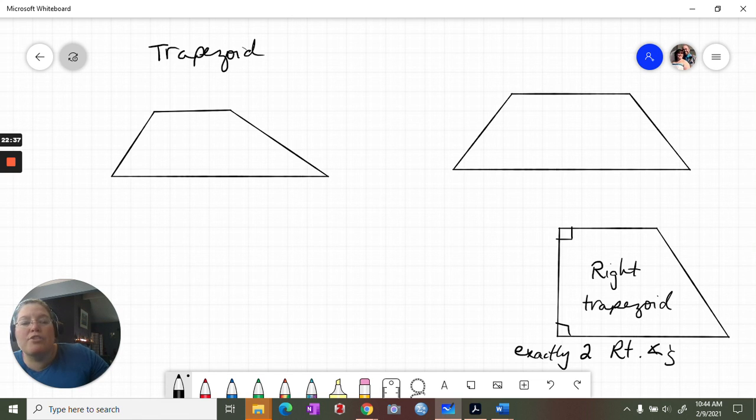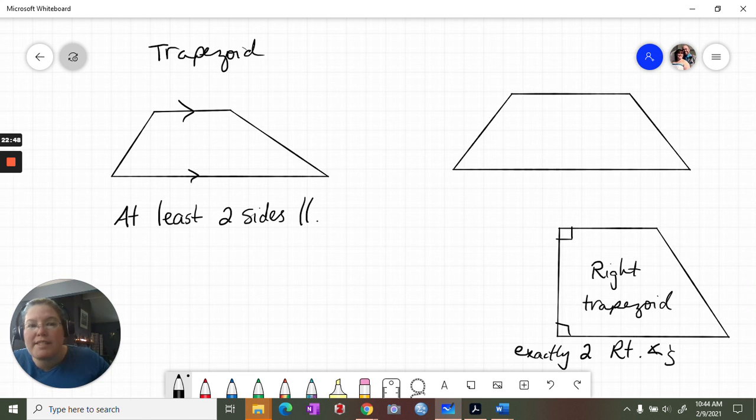Okay? A trapezoid's definition is at least 2 sides parallel. It has at least one set of opposite sides parallel. So that means technically a parallelogram is a fancy trapezoid. Okay, so keep that in mind.